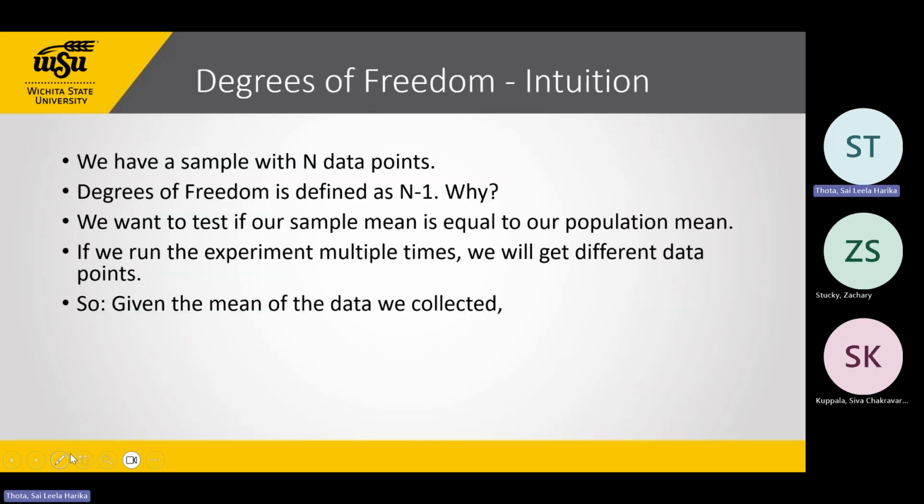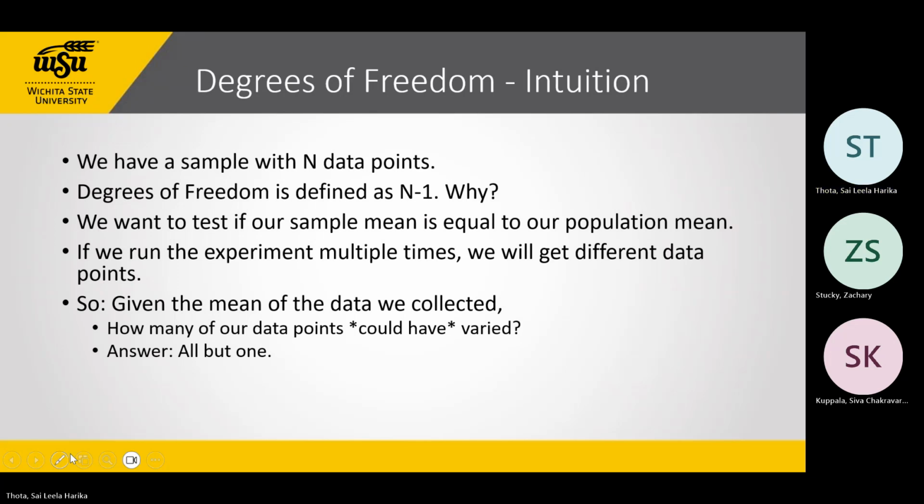Degrees of freedom is defined as n minus 1, because n will be the number of samples in the population. But if you consider the sample, as we are taking, for example one sample, then the degrees of freedom will be n minus 1. So we are removing the sample from the whole.